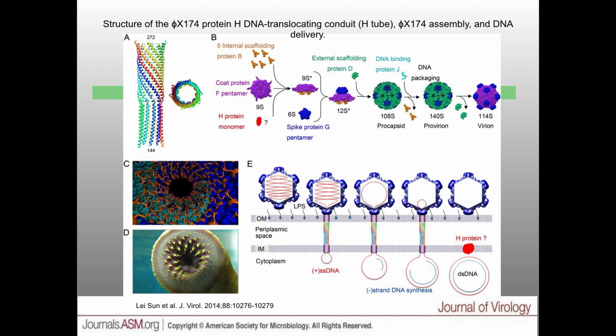This is not an image from the textbook, but I think it's really nice because it basically gives us everything we need to know about both entry and assembly processes.